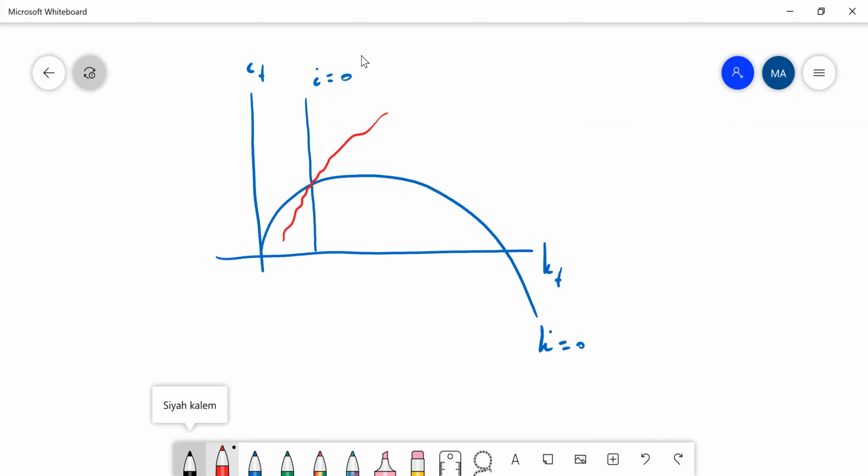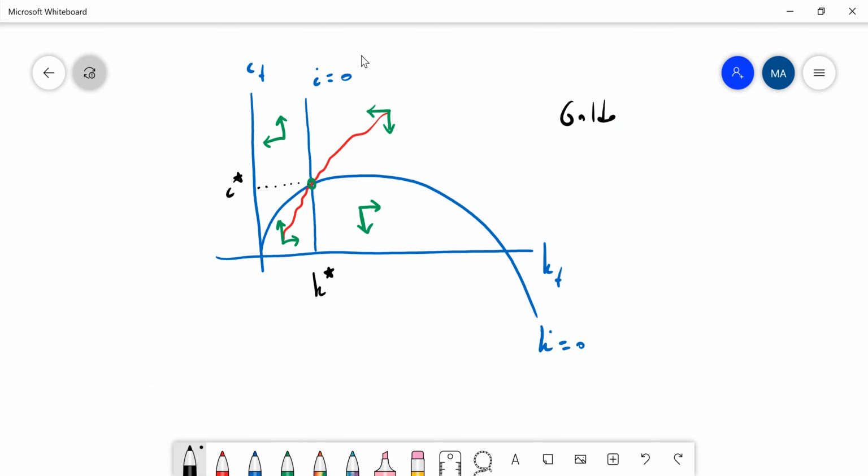So the dynamics are like this, and the economy converges to the steady state, which is K star, C star.